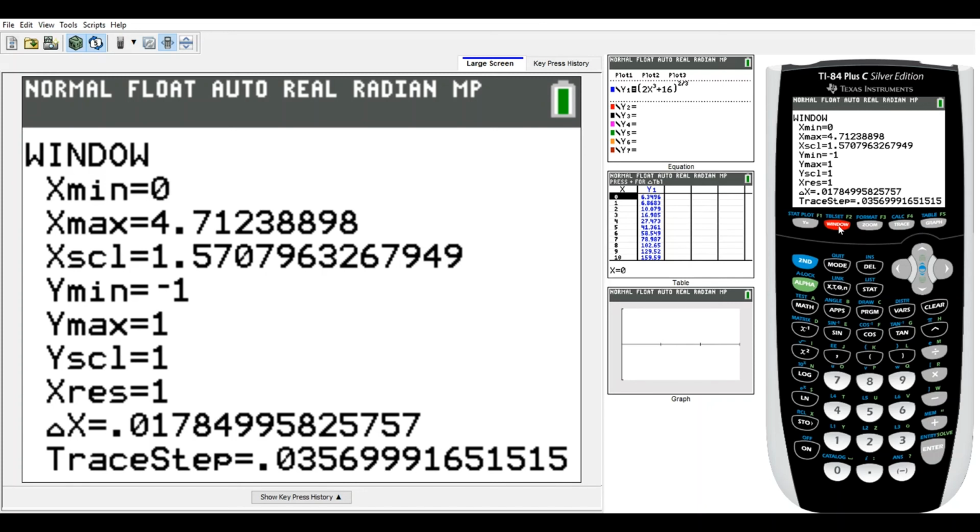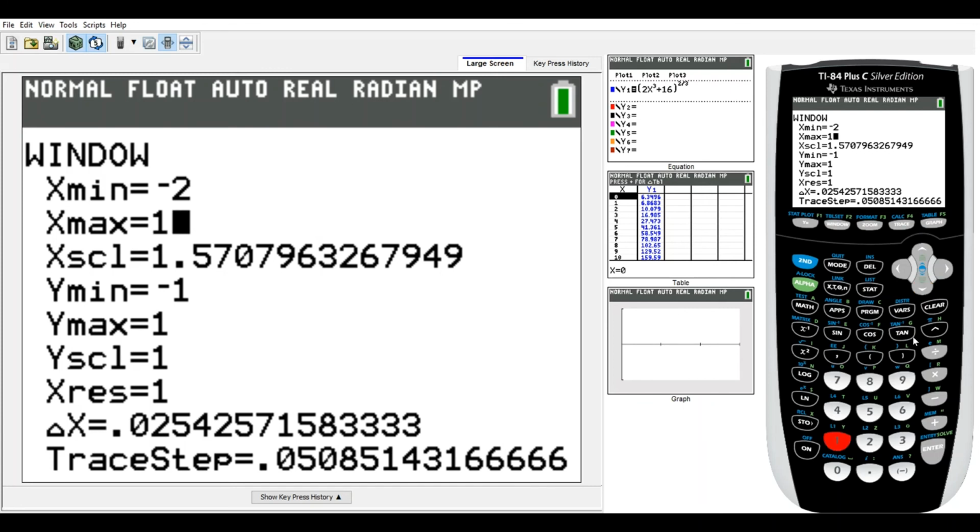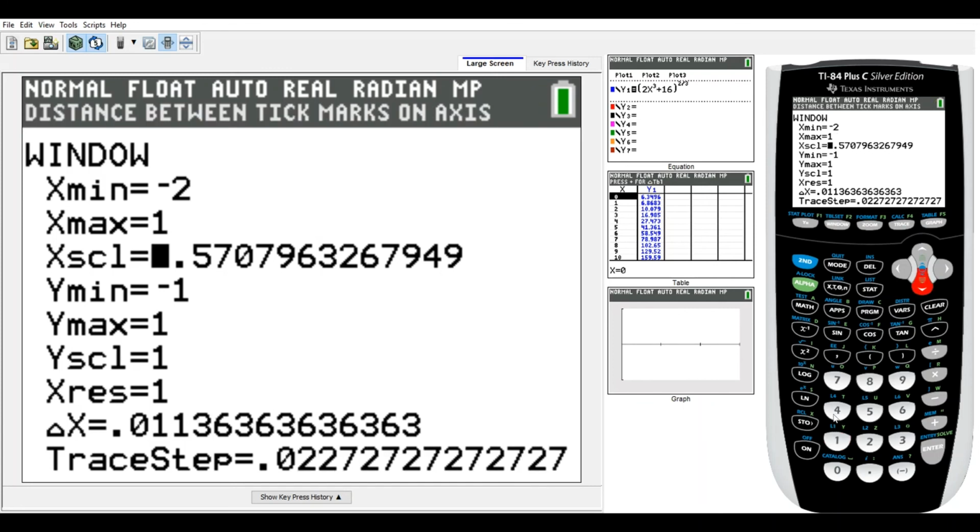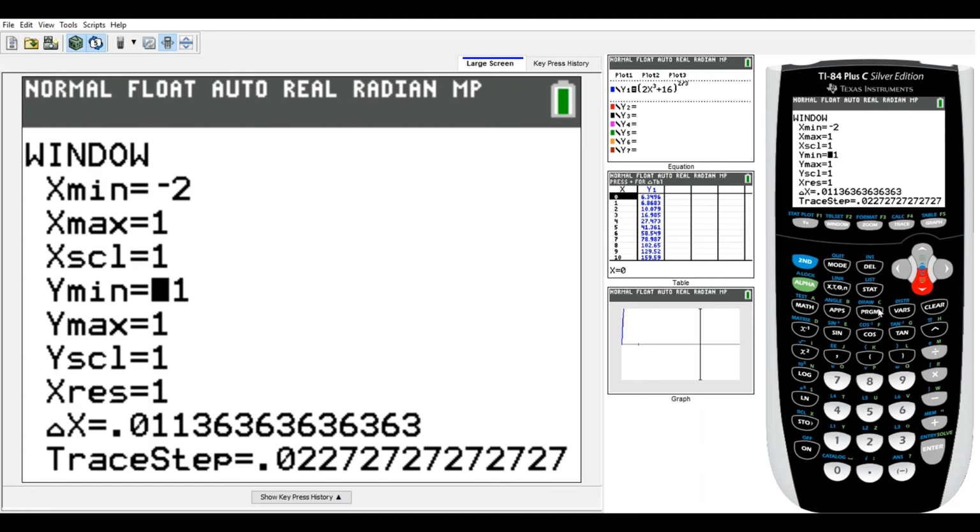We only care about x values going from -2 to 1, and why don't we count by ones. Then in the y direction, we know the smallest value is 0, and the largest one is 18 to the 2/3.